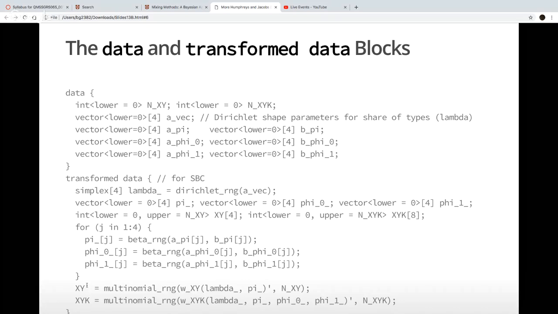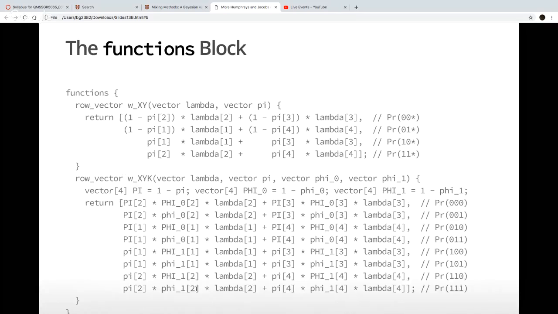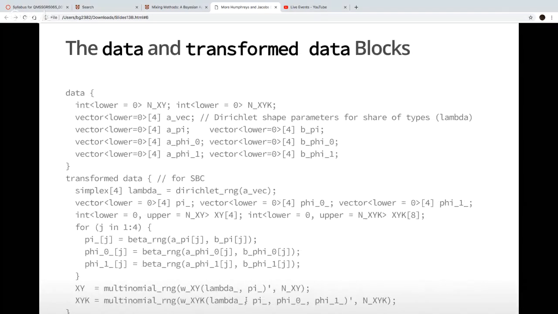I'm set to draw endogenous knowns from their prior predictive distribution, which in this case is a multinomial. And so I draw from a multinomial, calling my wxy function, which I have declared in the function block, to produce that simplex, depending on my realization of lambda underscore and pi underscore and the number of such observations that I want.